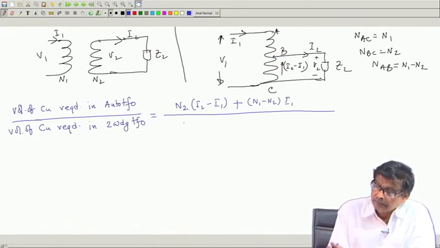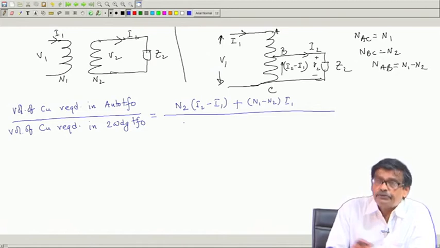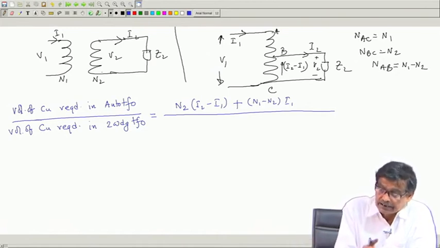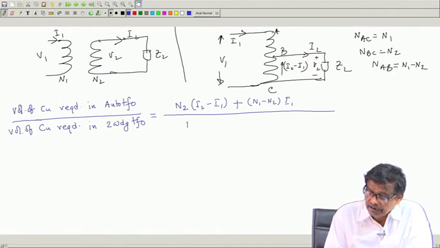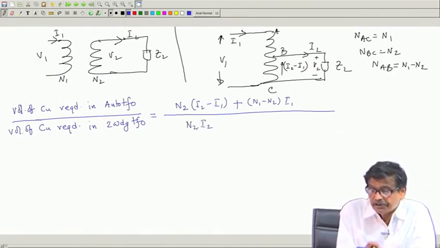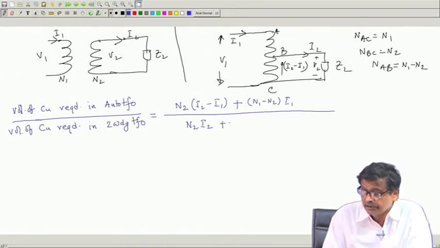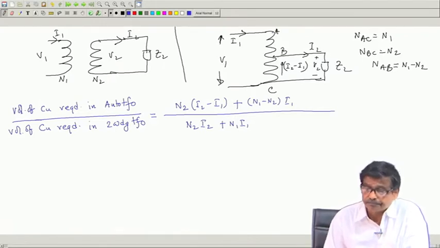Now, because these two transformers are doing the same job, come here. Now, here I will write volume of copper required for this portion of the winding will be N2 into I2. Volume of copper required for this portion is N1 into I1, that is all.